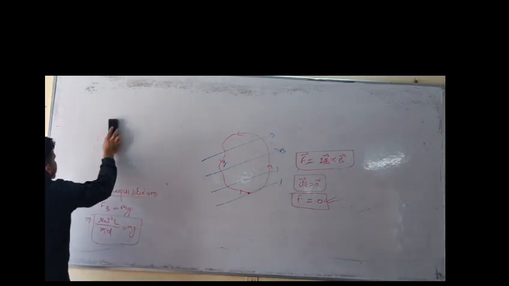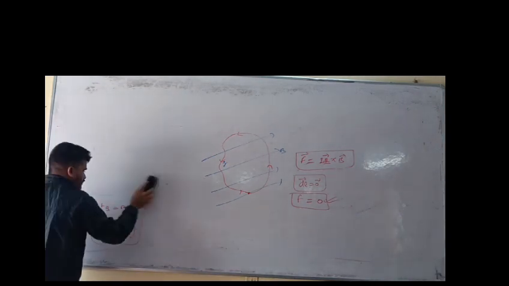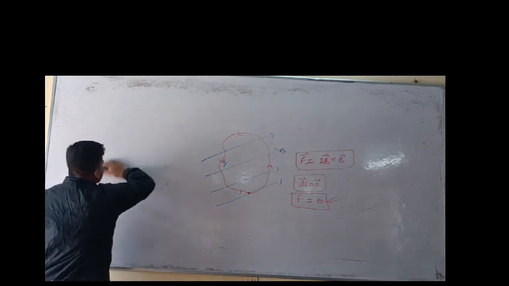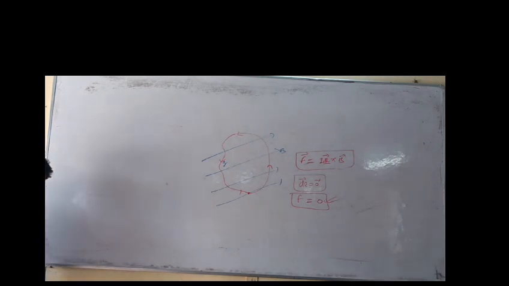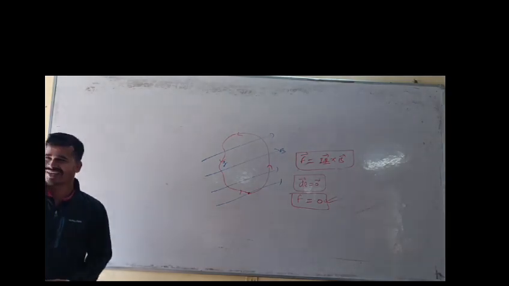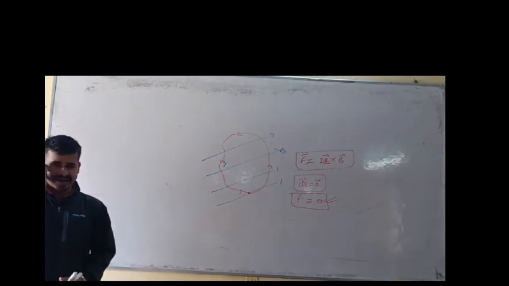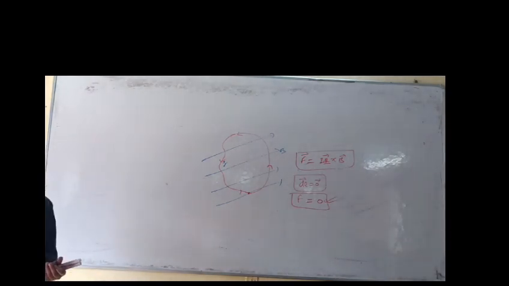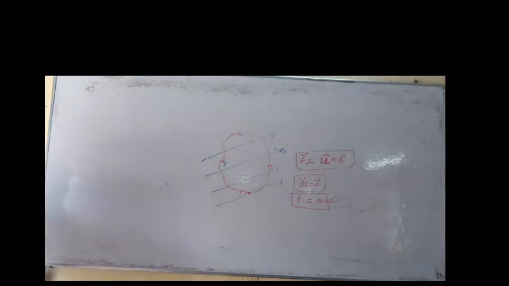What is the definition of ampere? Ampere is the unit of current. Why is it 1 ampere? What is 1 ampere actually?